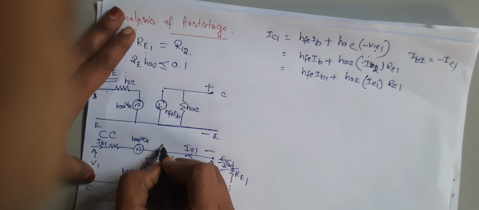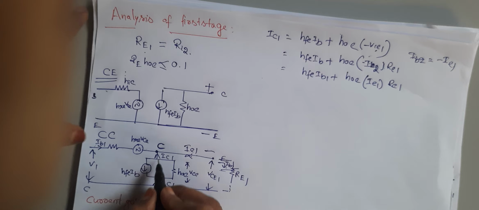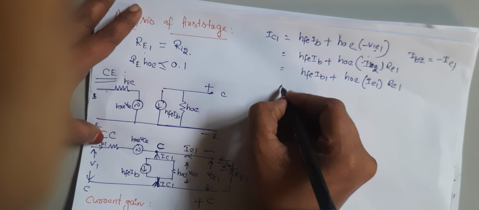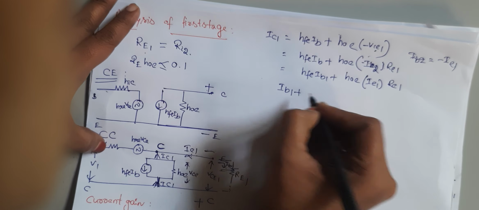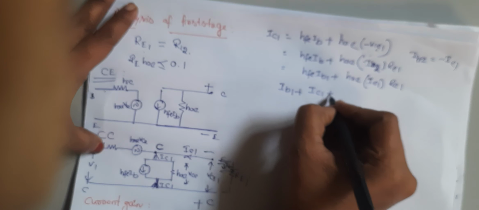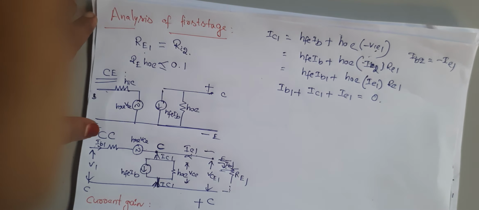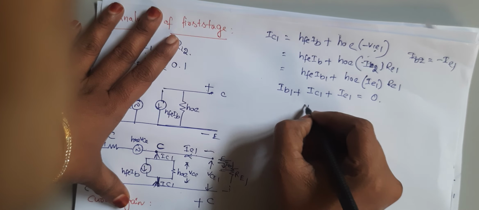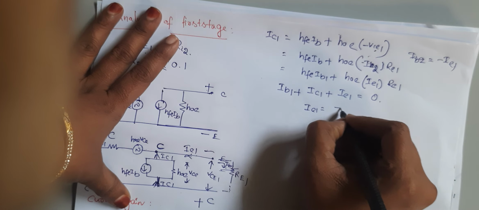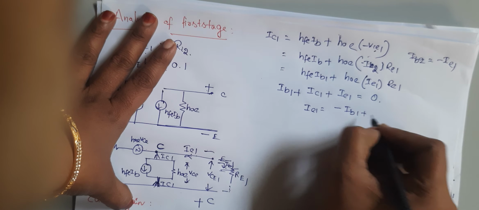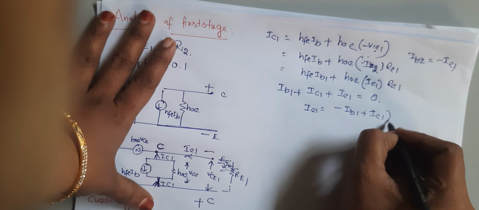Now at node C, the equation is IB1 plus IC1 plus IE1 is equal to 0. So from this, IE1 is equal to minus IB1 minus IC1.